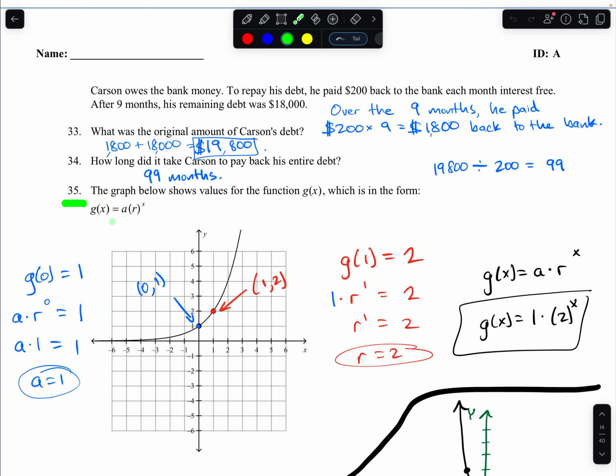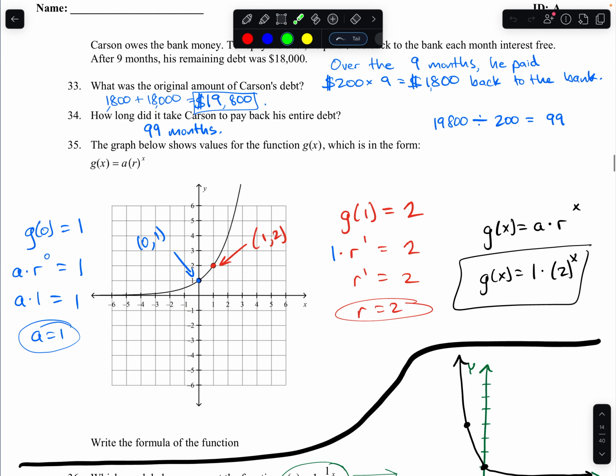Number 35. The graph below shows values for a function g of x, which is in the form g of x equals a times r to the x. Right off the bat, you should recognize that this is an exponential function. I have a point here, 0, 1. So if I plug in 0 for x and 1 for g of x, I'll get something like this.